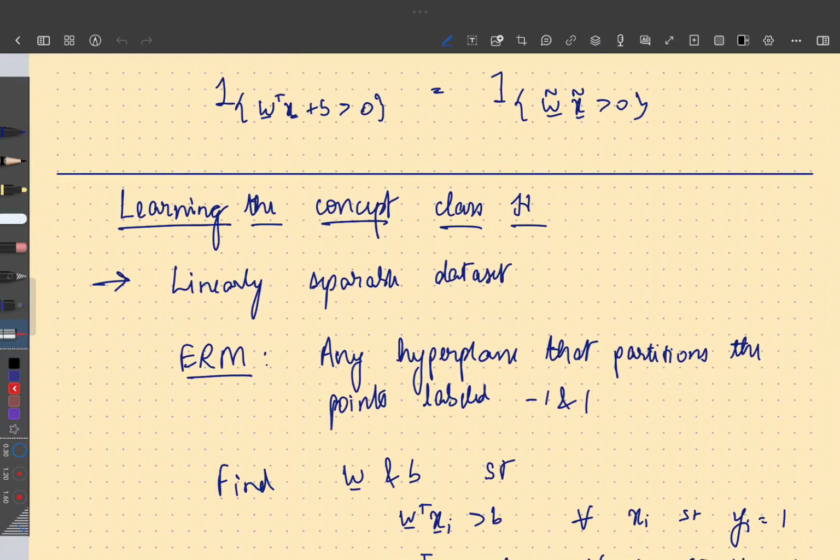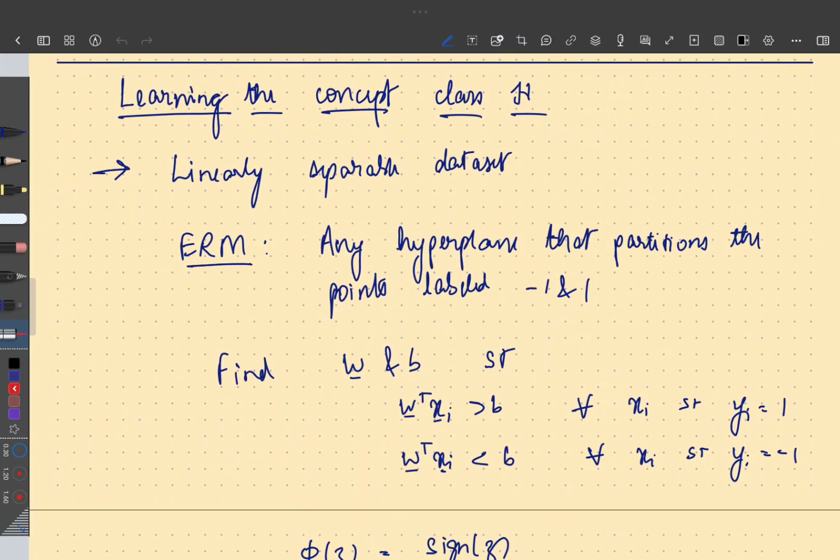And what we were trying to do is, for binary classification with 0-1 loss, study the properties of the linear predictors. In particular, we want to start off with saying something about learning the concept class H. This essentially corresponds to a linearly separable data set.